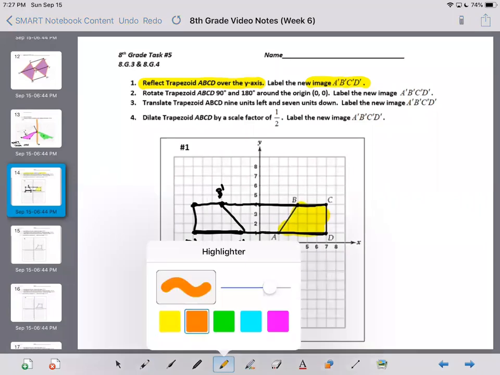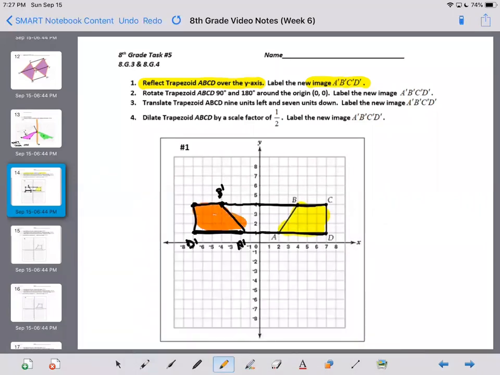And then notice over here, you've got your new image. So this would be C prime. We see B prime is associated here. C prime maps 7 units to the left as C maps 7 units to the right. And then notice that D is 7 units away, D prime 7 units away, A is 2 units away, and A prime is 2 units away.